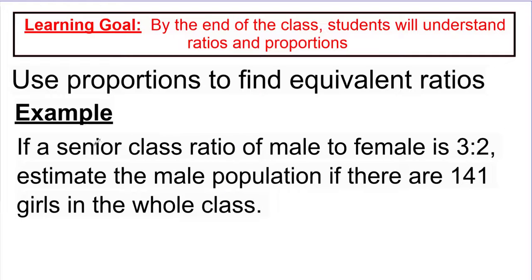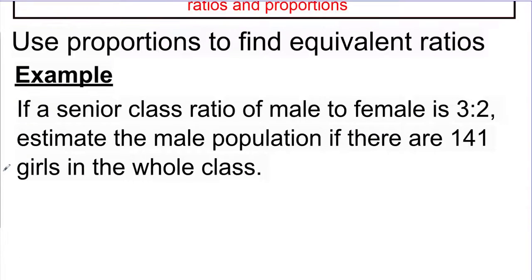The senior class has a ratio of male to female of 3 to 2. If I'm estimating the male population, if there are 141 girls, this is a similar kind of problem. So this represents male, and this represents female. I'm going to rewrite this in fraction form. So the problem is male over female.